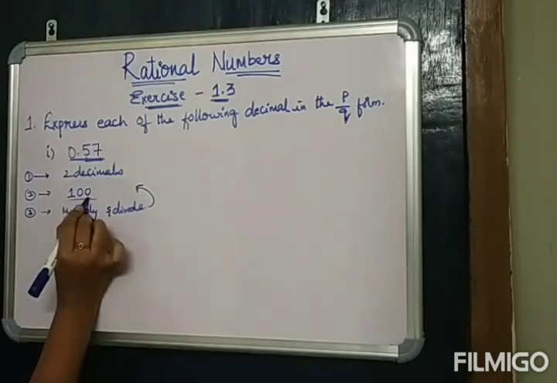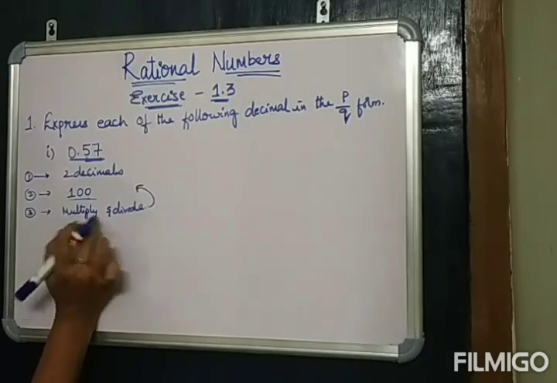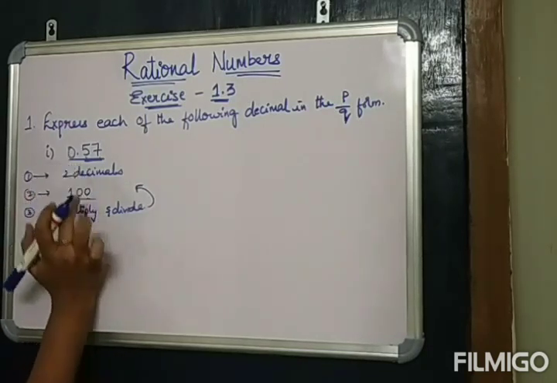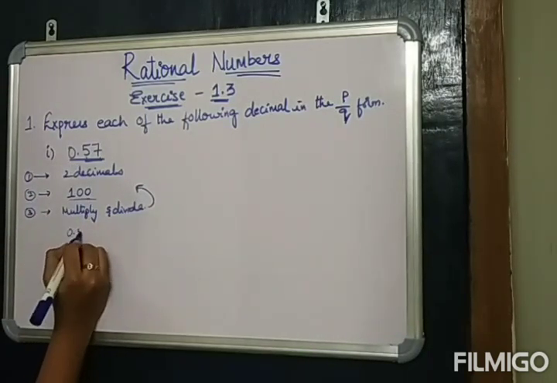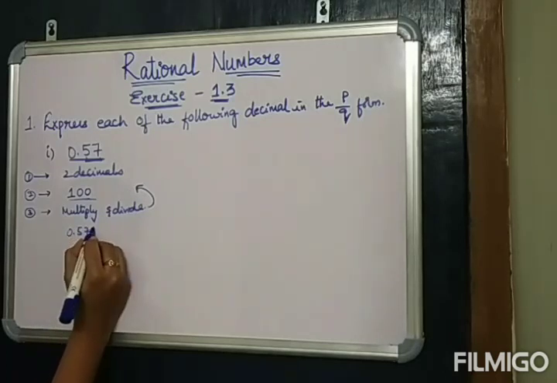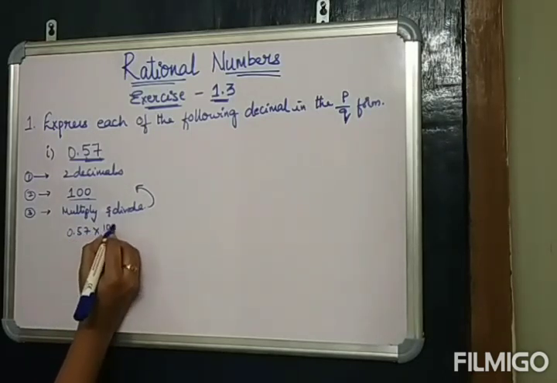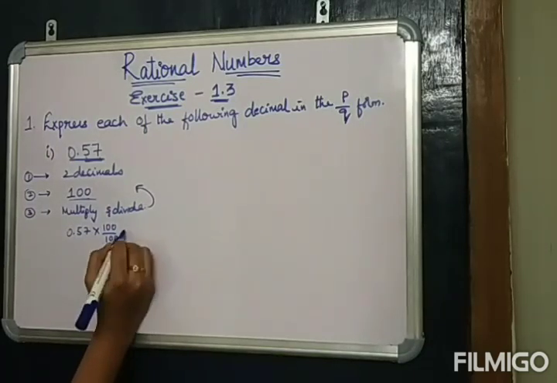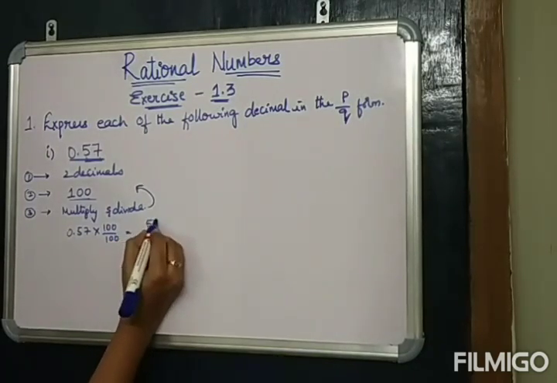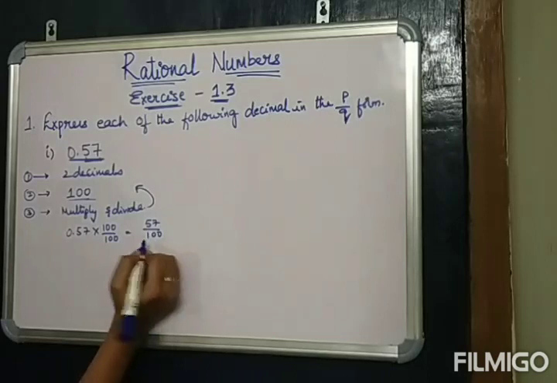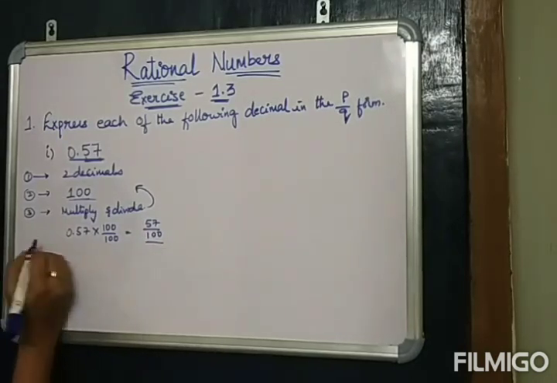In step 2, the number is 100. Means we have to multiply and divide this decimal with 100. Means 0.57 into 100 divided by 100, means 57 divided by 100. So this is the expression arrived at in step 3.